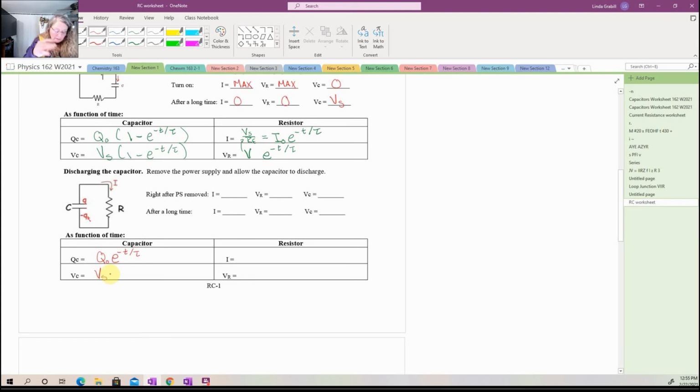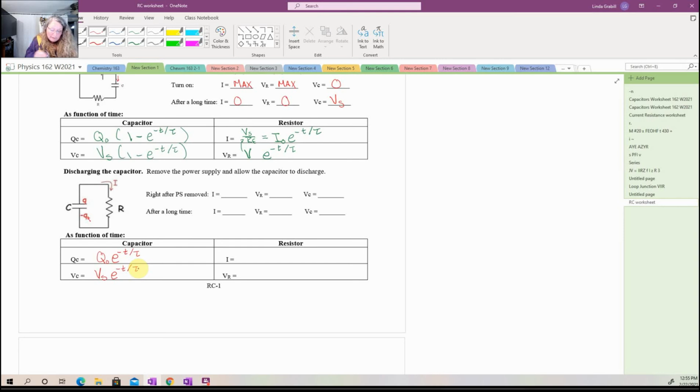Remember, it stops charging when it equals the voltage source. And what's going to happen there? Well, it's losing charge, so it is decreasing in the amount of potential. Just think of it as flipping what happened when we were increasing the potential. Now I'm letting it discharge, so I'm decreasing.